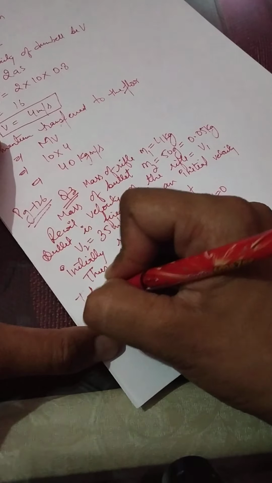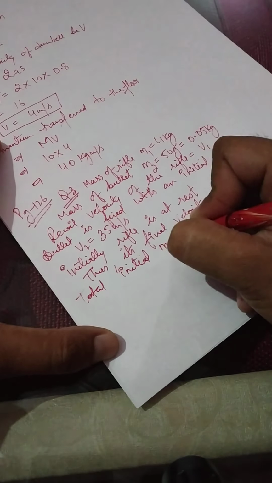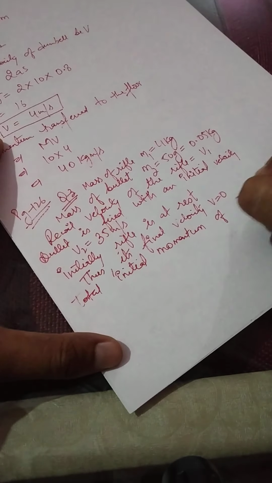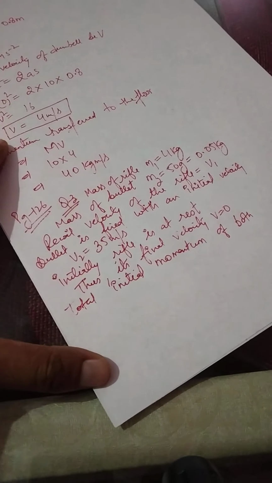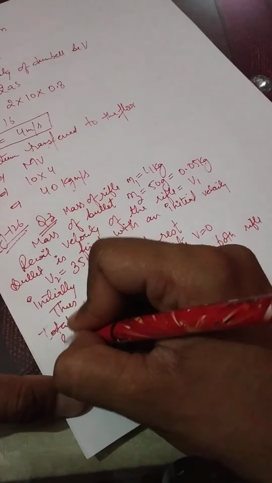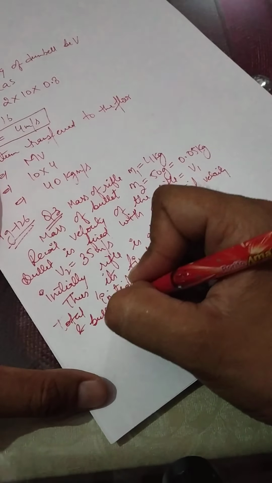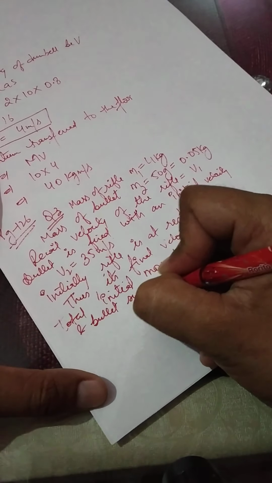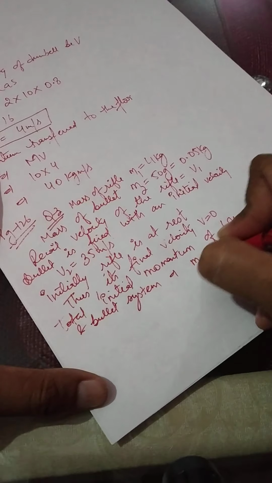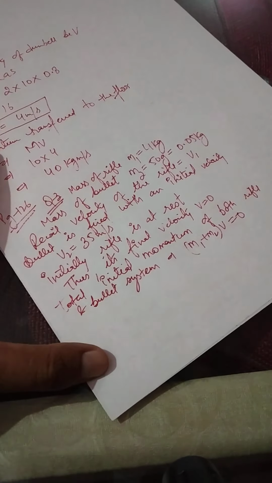The total initial momentum of both rifle and bullet system is m1 plus m2 into v, which is 0 because initially they are at rest.